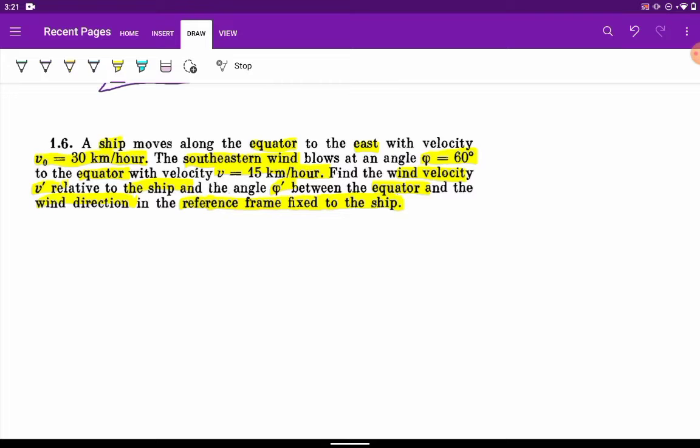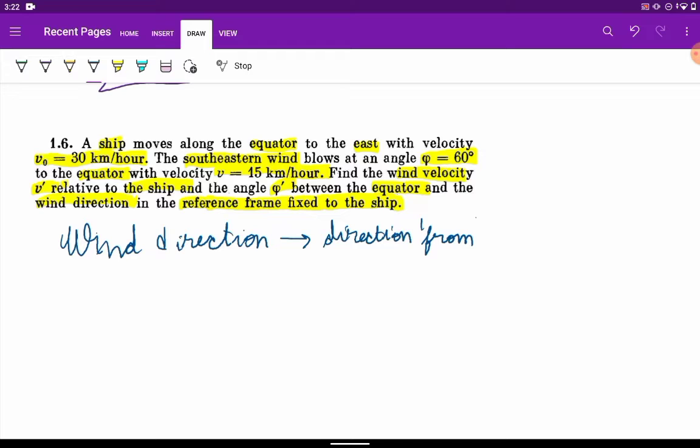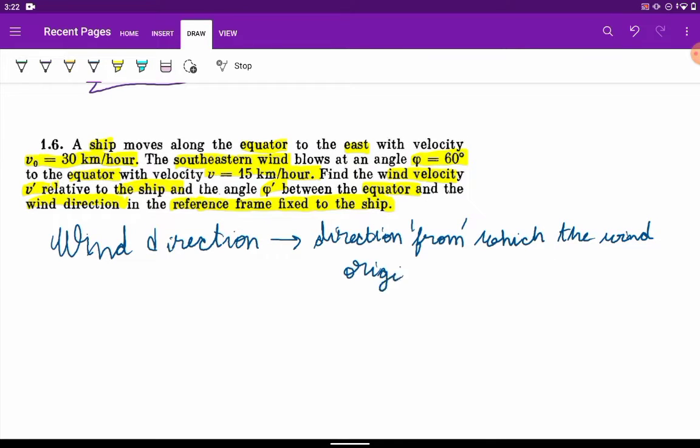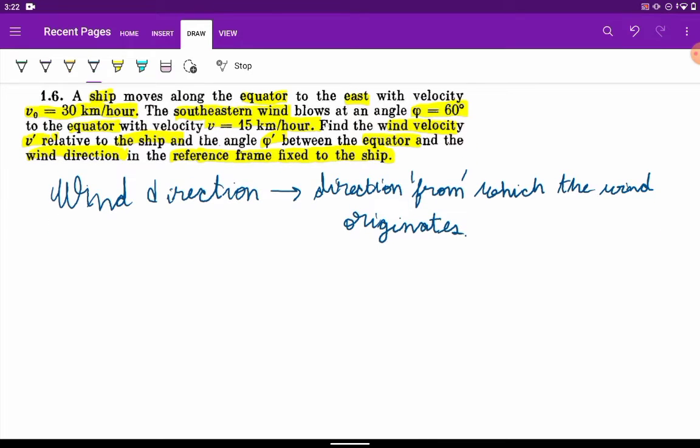One catch over here is, I'll just write it down. Whenever we talk about wind direction, you can Google this, it essentially is the direction from which the wind originates. This is a very important point.